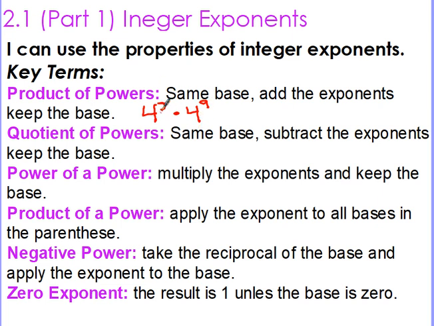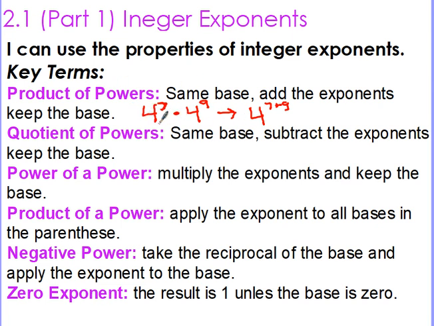So a shortcut, instead of figuring out 4 times 4 times 4 times 4 and doing a bunch of multiplication, which is going to be a huge number, we can simplify this and keep it in exponential form. The way we do that is we do 4 to the power of 7 plus 9. Product of powers means we have the same base, we add the exponents, and we keep the base.